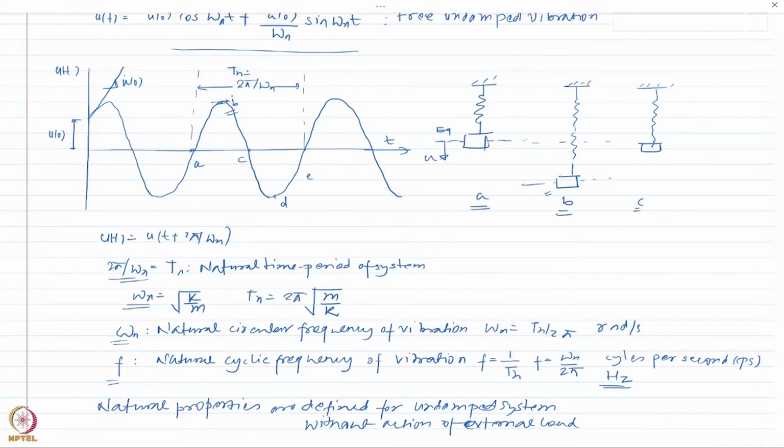The slope is actually the velocity of this spring mass system, so the velocity is 0. Then it starts coming back to its original position, and passes through its equilibrium position, at which its displacement again becomes 0. However, it passes at the maximum velocity, so at this point the velocity is maximum.